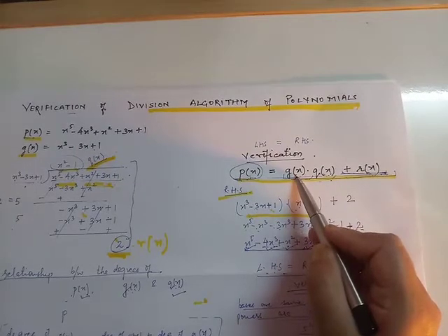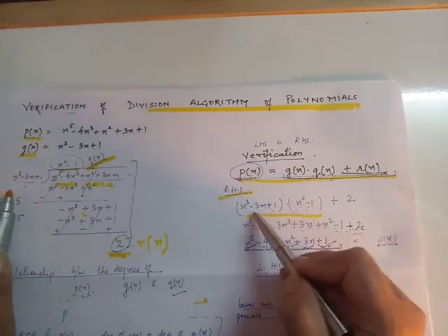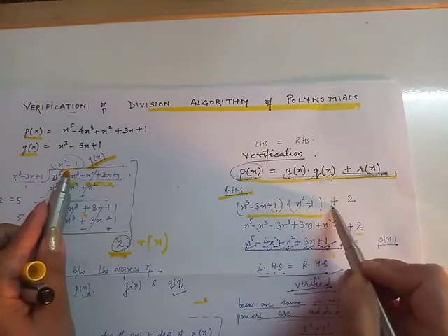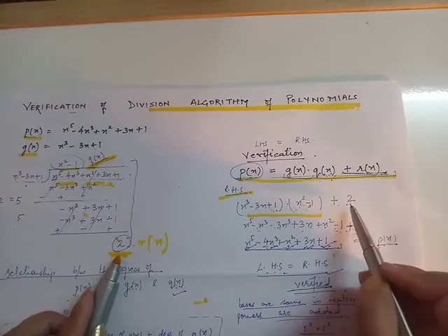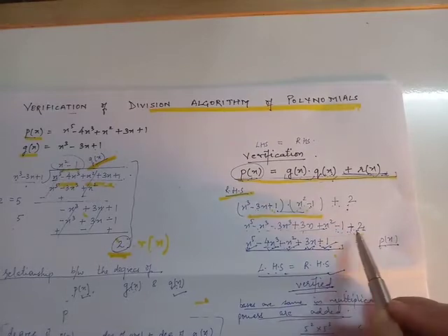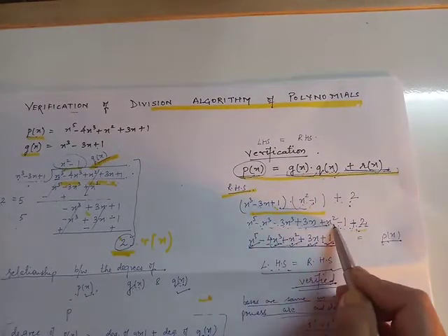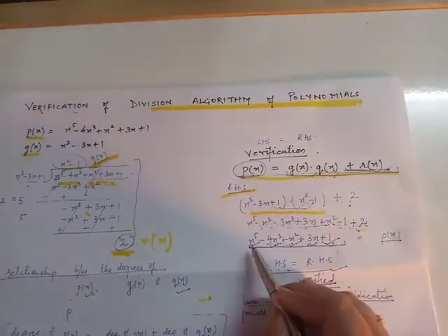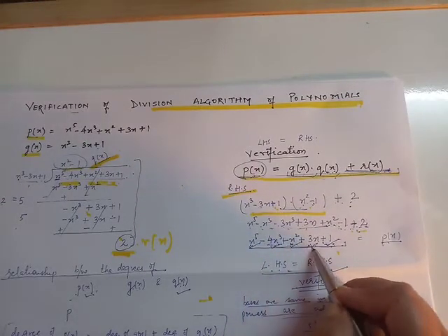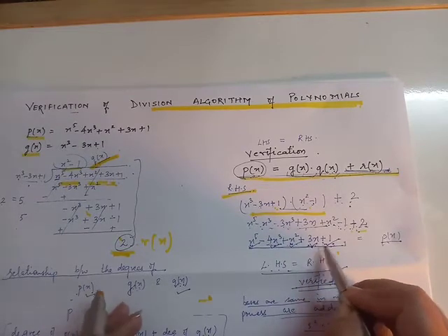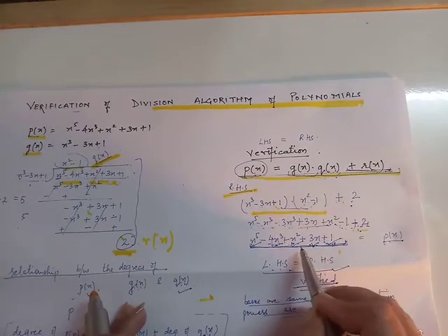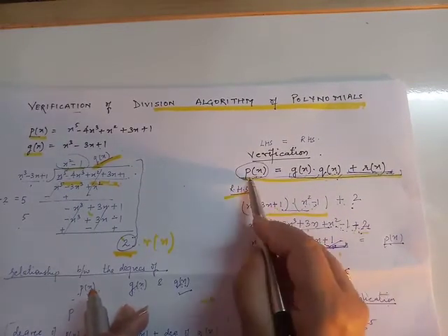Let me substitute the values from here. g(x) was x³ − 3x + 1. My q(x) came out to be x² − 1 and the remainder was +2. So I write the values here, do the multiplication, add 2 and then combine the like terms. So I get finally x⁵ − 4x³ + x² + 3x + 1. Now my purpose is to check whether the result I have got is the same as the left hand side p(x).